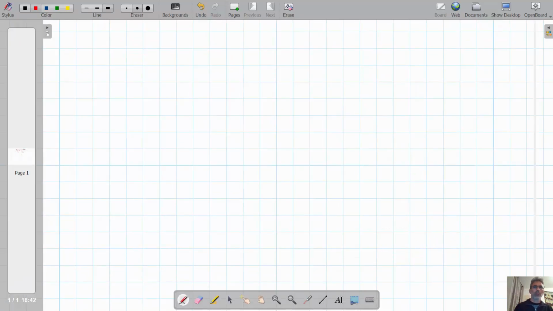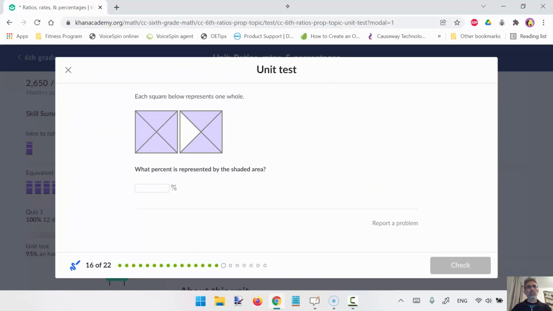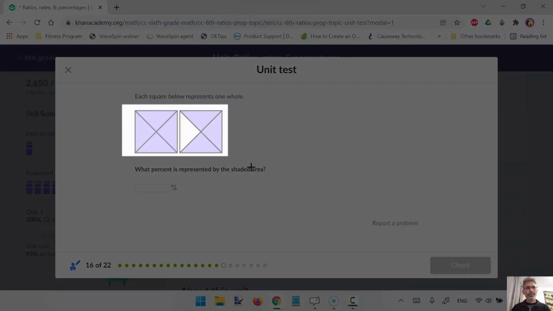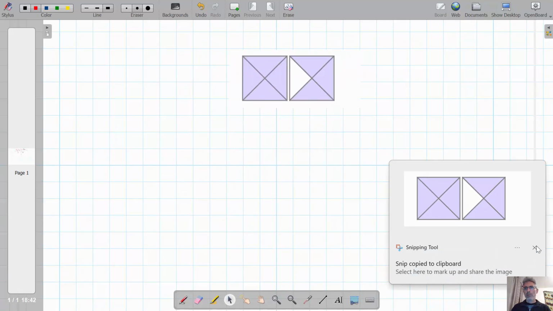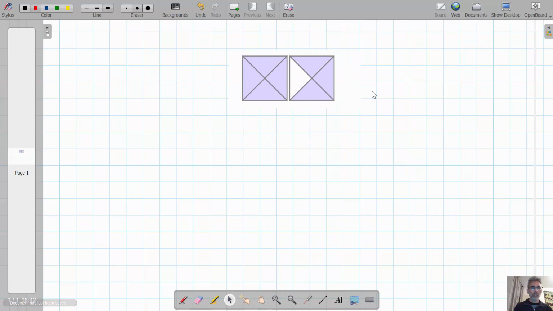Okay. Each square below represents one whole. So this fellow is 100%, and this fellow is divided into 1, 2, 3, 4, and 3 out of the 4 equal sections is shaded.